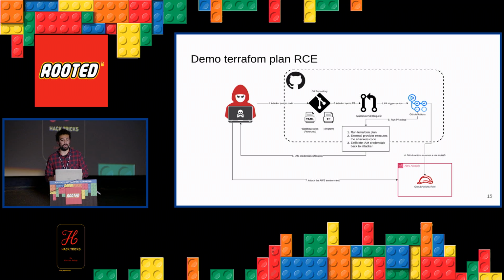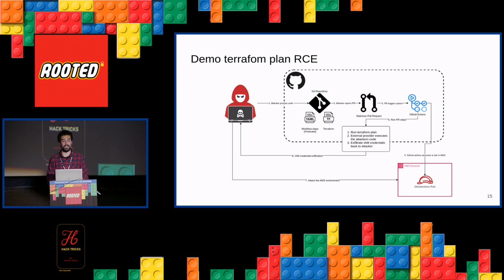In order to create resources, they would have to reach the apply stage, and that won't be possible without someone else looking at their code. So they have to achieve RCE during plan and exfiltrate some credentials. So they're going to include an external provider in the Terraform configuration.